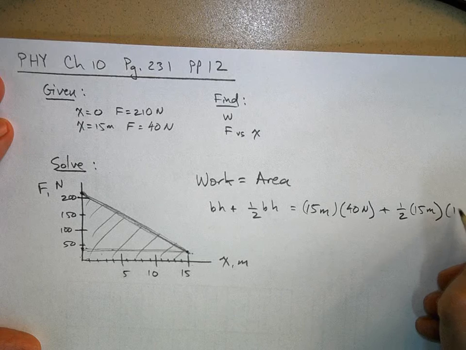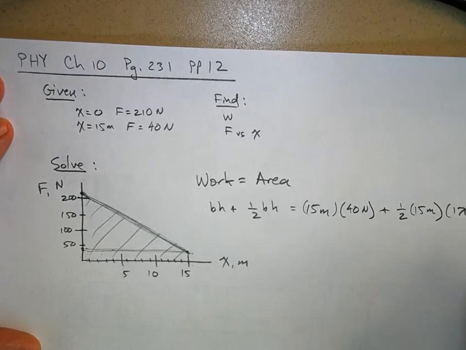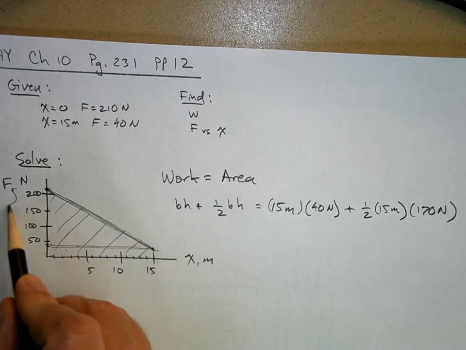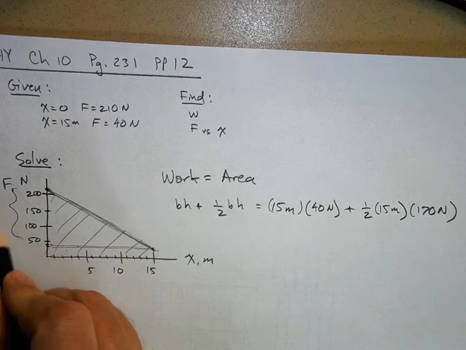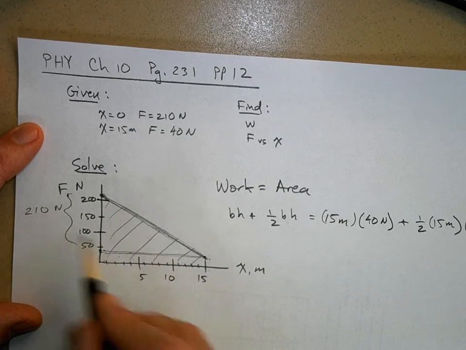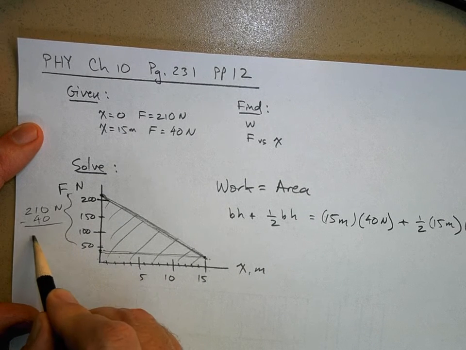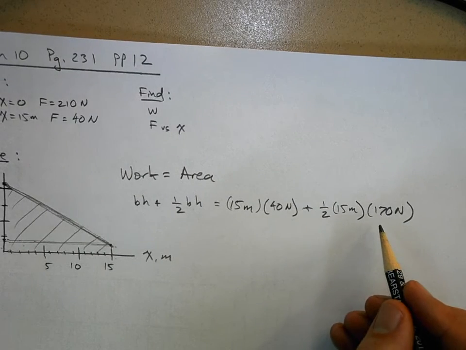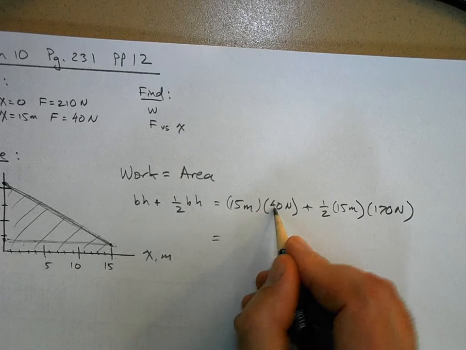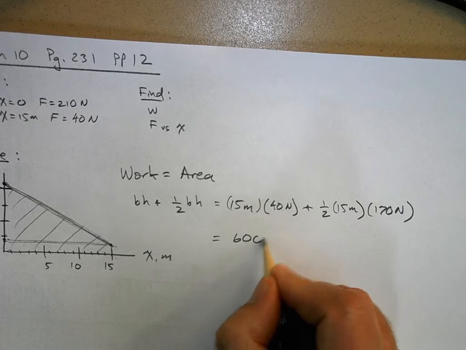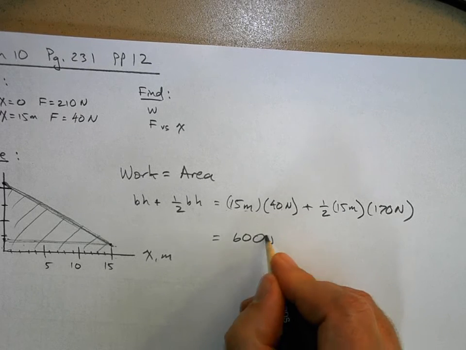That's 170 newtons. So you had to kind of finesse that by noticing that if you say 210 newtons minus 40 newtons, you get 170 newtons. So that's the height of that triangle. And so, 40 times 15, that's 600. A newton times a meter is a joule.